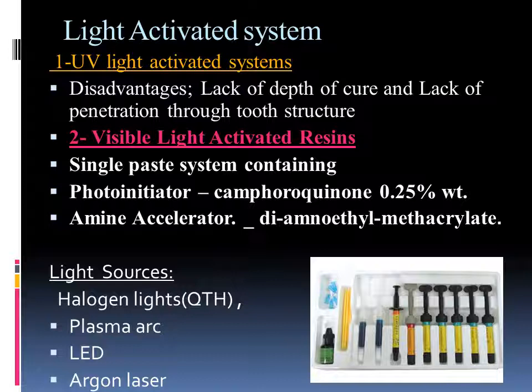So there's just one single paste, unlike the self cure where there are two pastes. And this contains a photoinitiator because it's being cured by light, and that is camphoroquinone, 0.25% by weight, and an amine accelerator, which is dimethylaminoethyl methacrylate. So this is the difference between the light activated and the chemically activated: the difference in the initiator, the accelerator, and the fact that this is a single paste system, unlike the chemically activated, which is a two paste system.